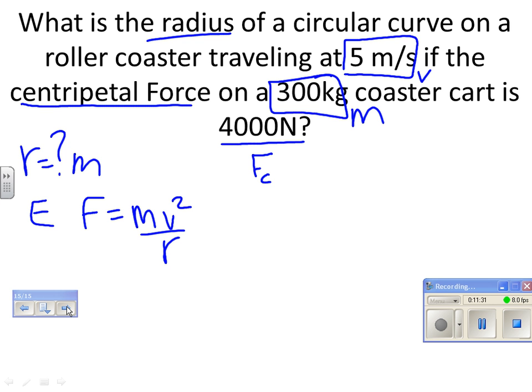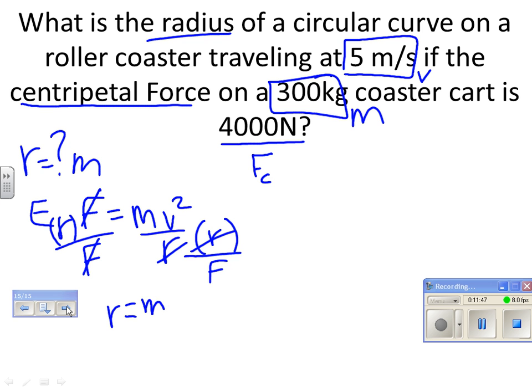Now we want to solve for the radius, so multiply both sides by r to get rid of r on that side. Then we'll divide both sides by F to get rid of F on that side. So we'd rewrite that as r equals mv squared over F. Now some students like to plug the numbers in first, so if you want to do that, of course you could. I just wanted to show you how to do that there.